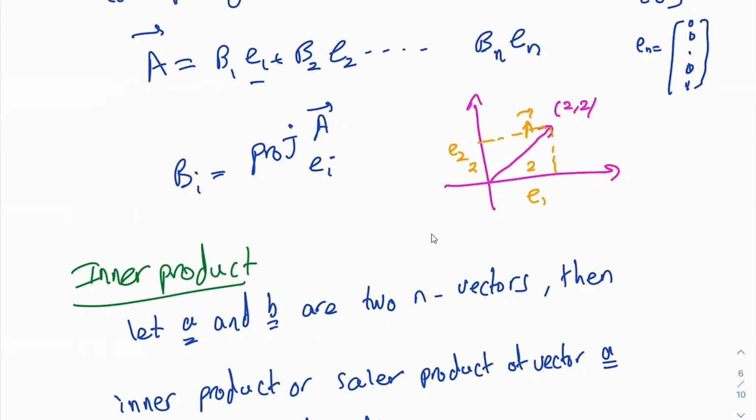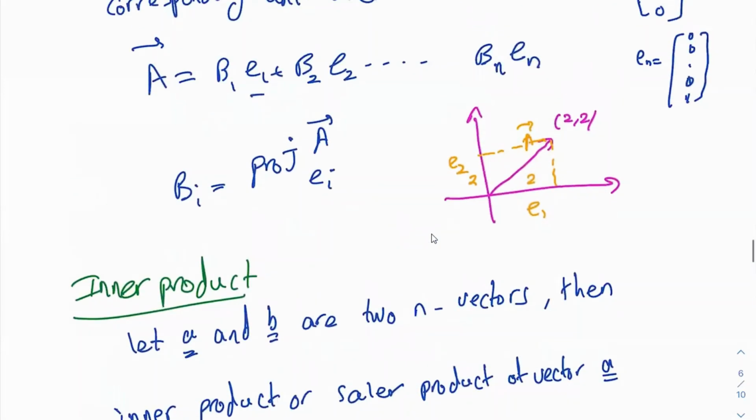It's not that this choice of the basis is unique. You can have many different n-dimensional independent basis vectors. But regardless of that, the coefficients that you get should be the same. The B1, B2, they should be the same. Okay.